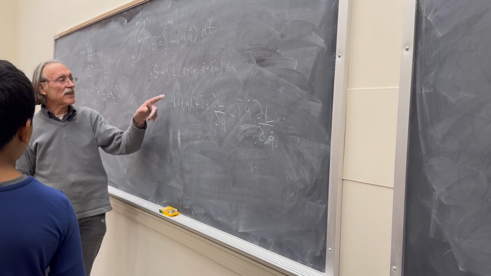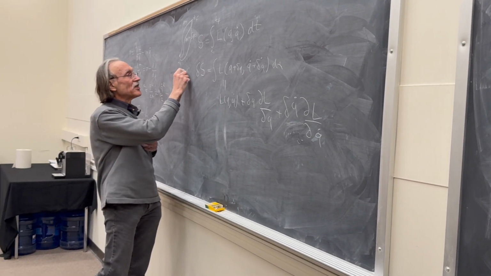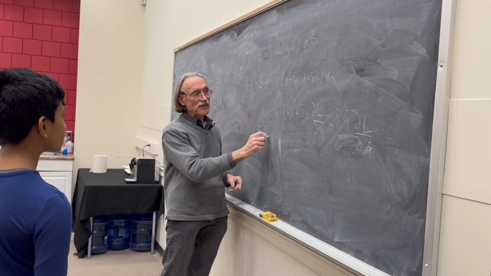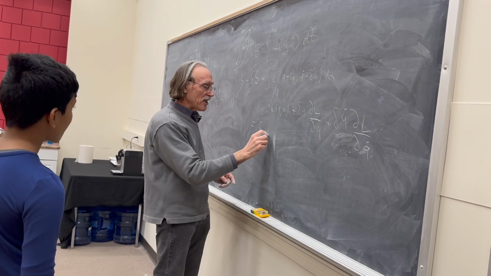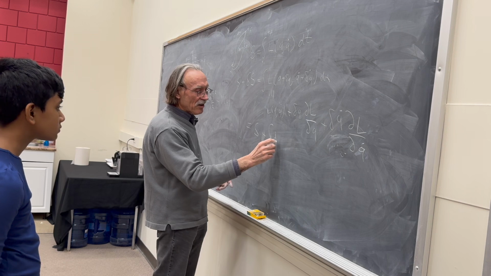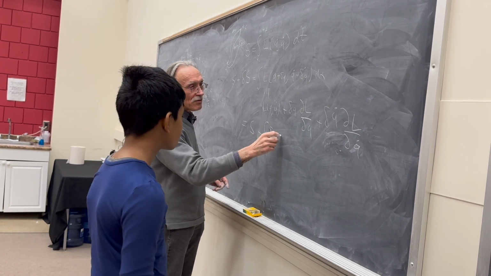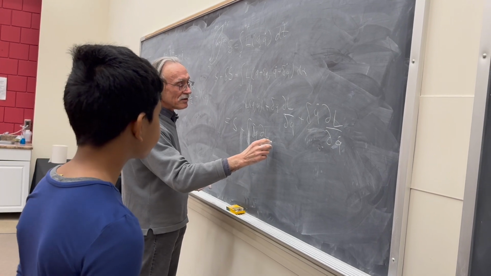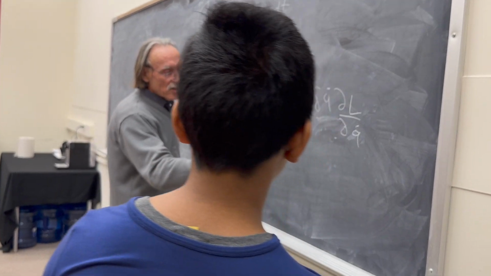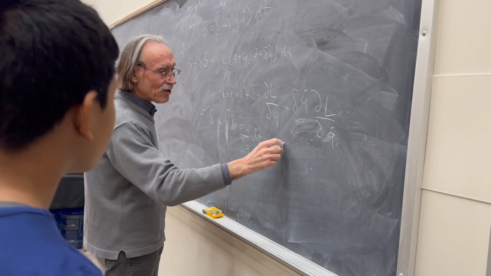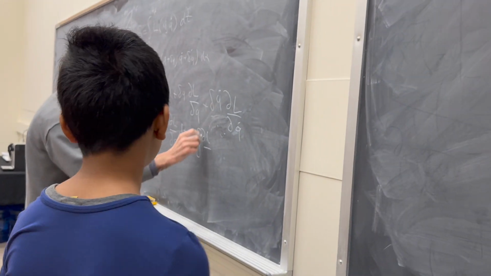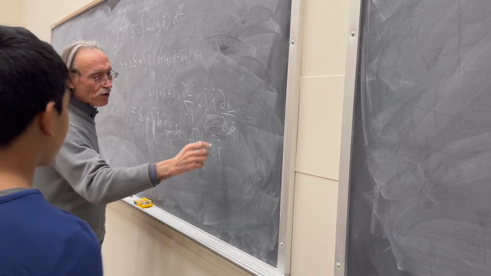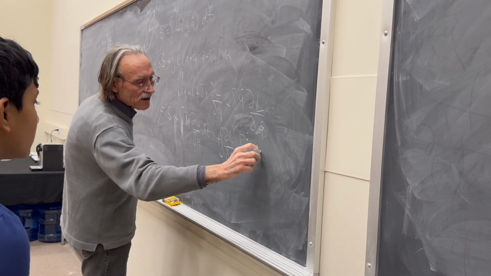When I integrate that, this is S plus delta S. The first term becomes S. Then I have the integral of delta q dL dq times dt, and the second one is the integral of dL dq dot times delta q dot times dt.